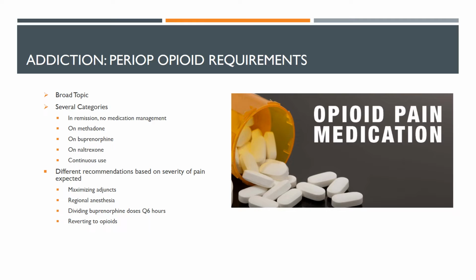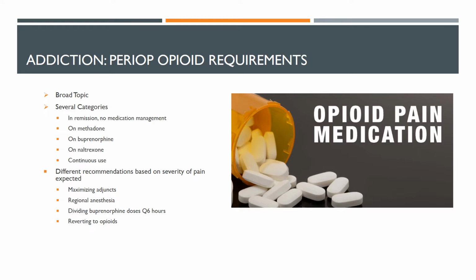If this is not an option and patients either come to the hospital still taking buprenorphine or the surgery is unexpected, we can consider continuing buprenorphine during the perioperative period. We can also consider increasing the dose of buprenorphine or dividing the doses into more frequent 6 to 8 hour intervals.